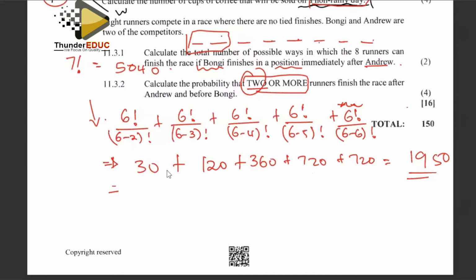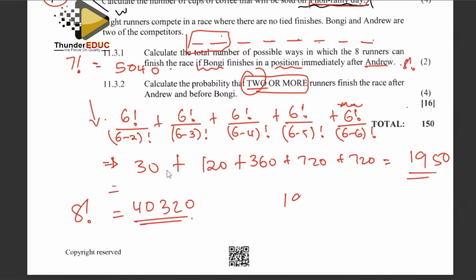Now, with this 1950 as output, I need to also find out how many ways I can rearrange. Since there are 8, remember the positions can vary. What is 8 factorial? So we know that 8 factorial gives us 40320. Now, if I'm to look at all the positions and whatever we have to use, we have to just divide what we have and then obtain the answer.